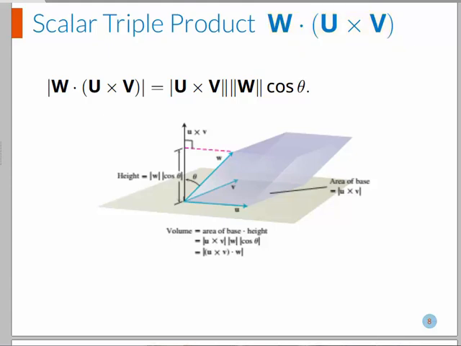The scalar triple product has a physical significance of being the volume of a parallelepiped. It's actually a box here. It's even called the box product sometimes.